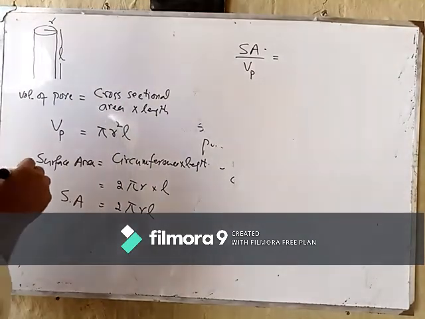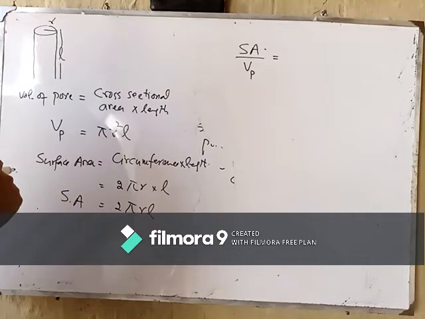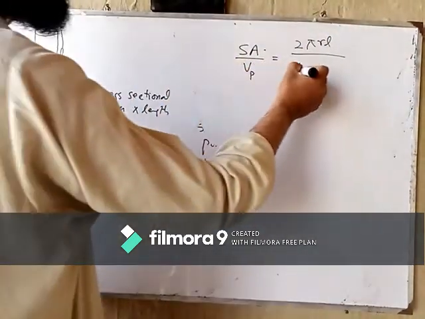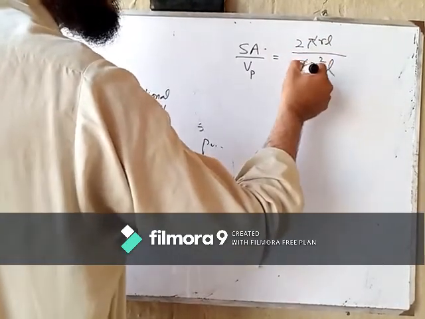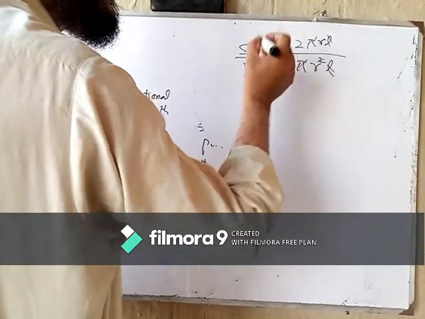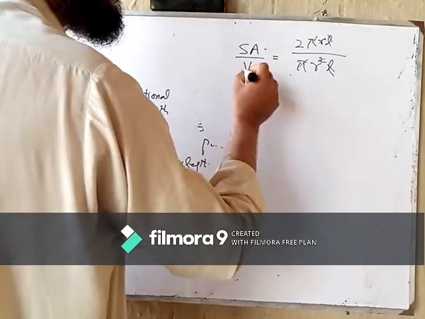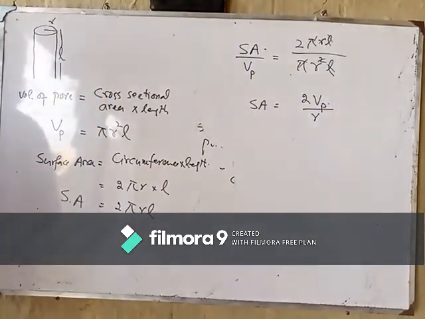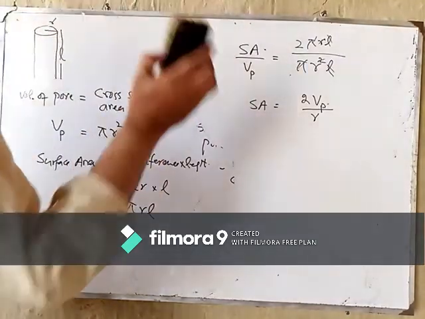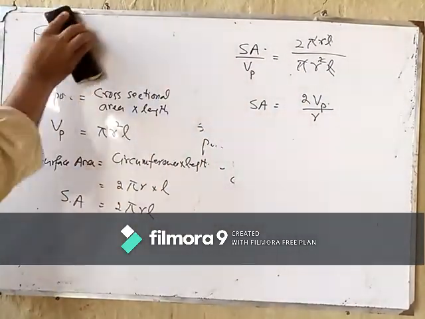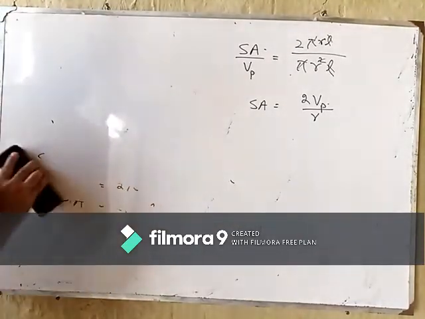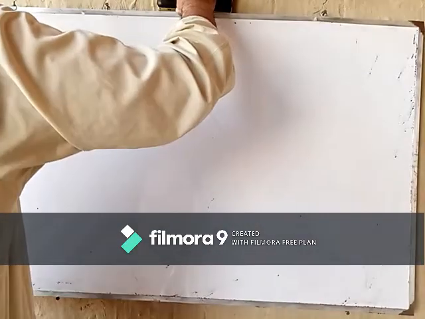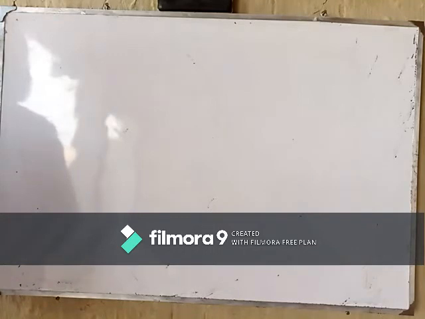Surface area है 2 pi RL, और वॉल्यूम कितना है? pi r square L. तो pi कैंसिल आउट, L कैंसिल आउट और R भी कैंसिल. तो सरफेस एरिया इज इक्वल टू 2 Vp डिवाइडेड बाय R. तो सरफेस एरिया इज रिलेटेड टू द साइज ऑफ द पोर. साइज को कम करते हैं तो सरफेस एरिया इंक्रीजेस फॉर सिलेंड्रिकल पोर्स. यानी माइक्रोपोरस का रेडियस कम होगा तो उसकी वजह से सरफेस एरिया ज्यादा होगा.